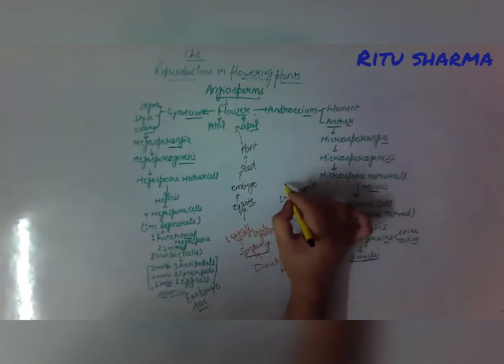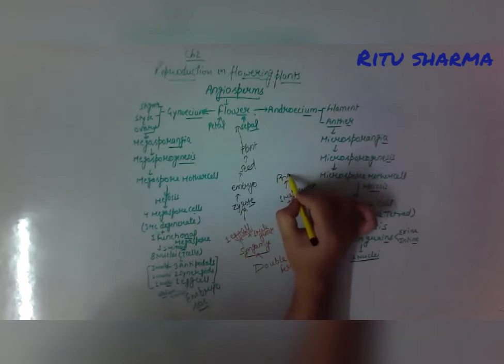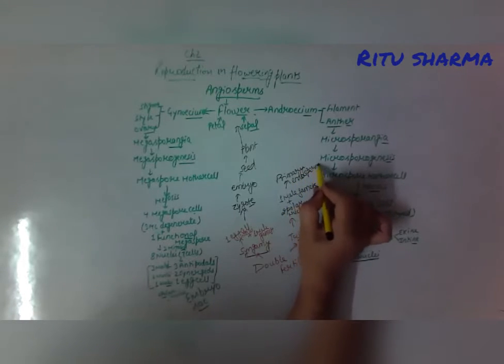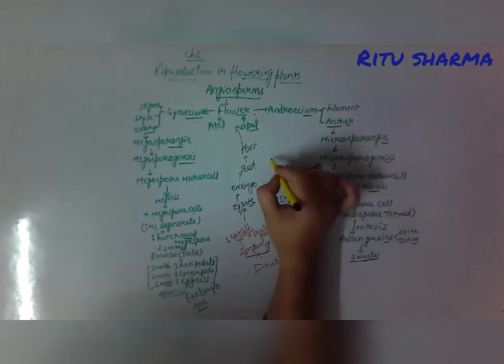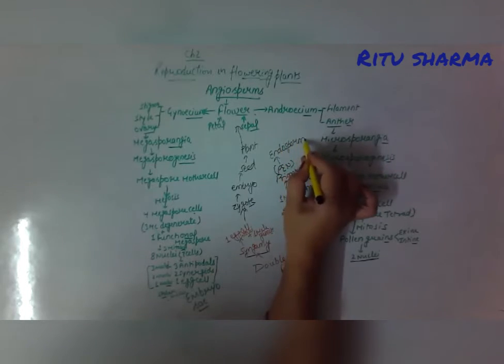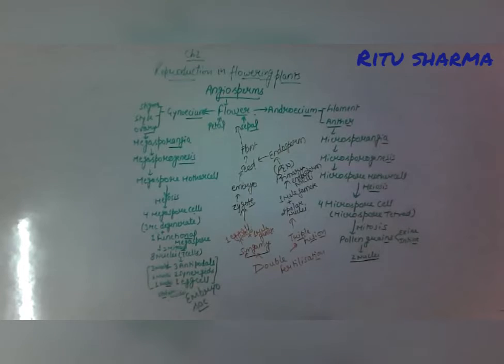After the triple fusion there is the formation of primary endosperm nuclei, or PEN, and it forms endosperm. Endosperm helps the seed to germinate, to gain nutrition. This is the overall view of your chapter. So let's study the details of this chapter.